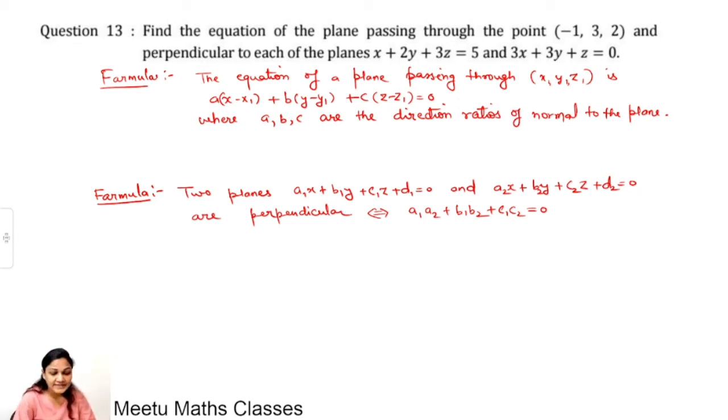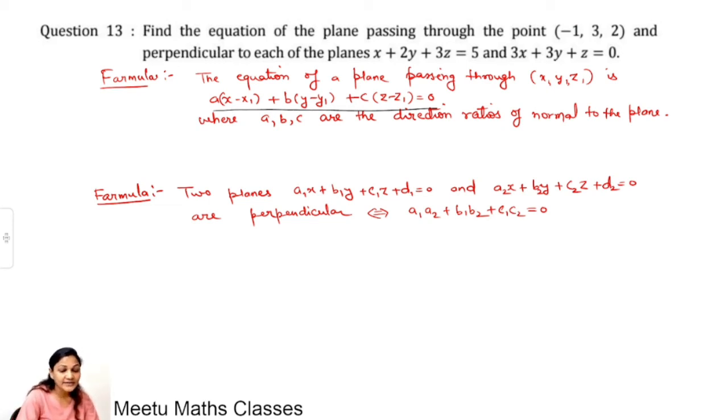That is, the equation of a plane passing through a point x1, y1, z1 is a times x minus x1 plus b times y minus y1 plus c times z minus z1 is equal to 0, where a, b, c are the direction ratios of the normal to the plane.